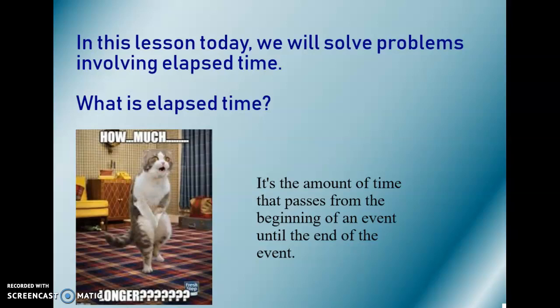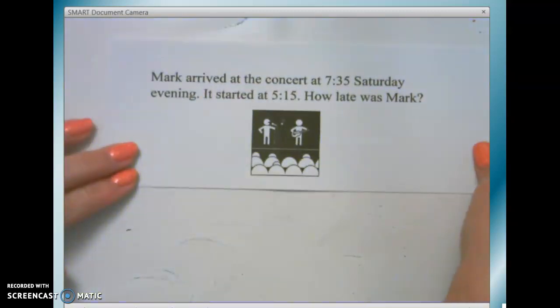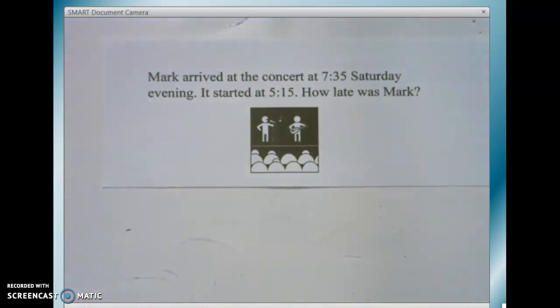You're going to figure out how long did the movie last? How long did practice last? How long is what we're asking. So how much longer? Let's try some. We're going to start with probably the easiest problem we have right here. It says Mark arrived at the concert at 7:35 Saturday evening.